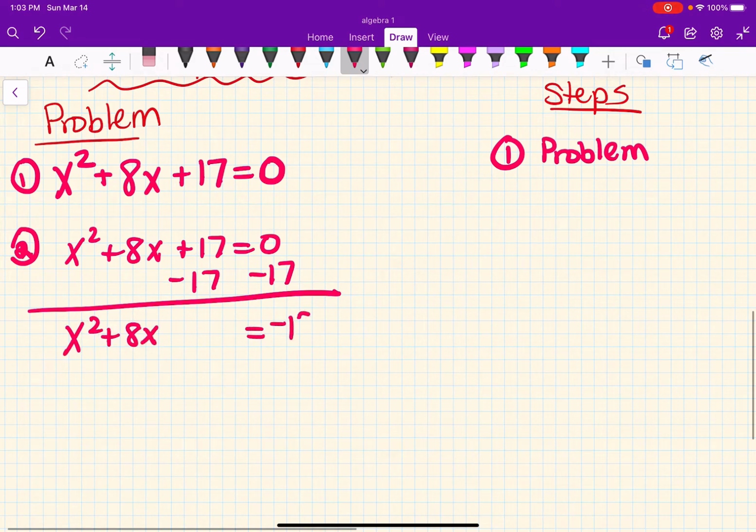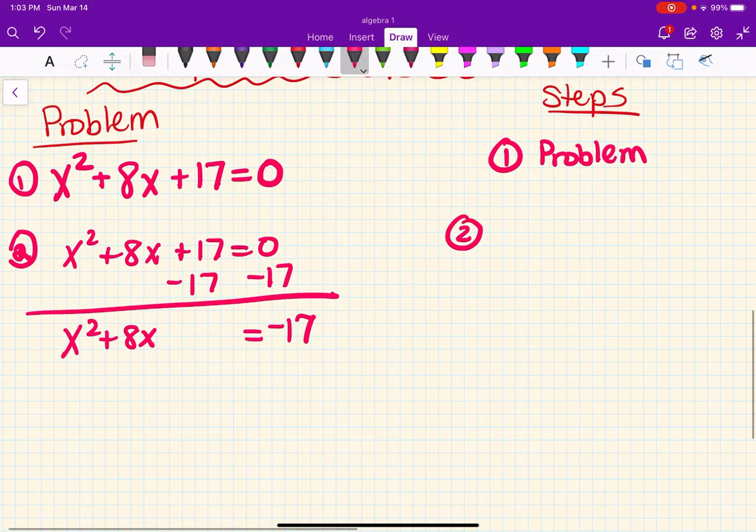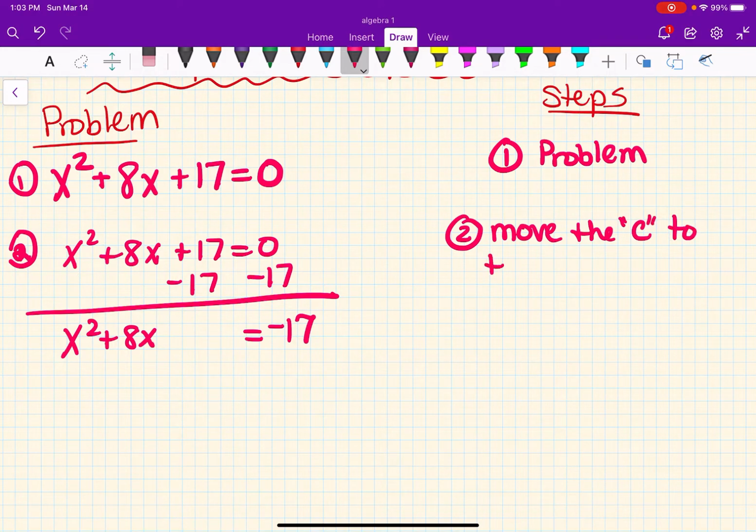Okay? So I put a negative 17 over here. So what I say for this is we're going to move the c to the opposite side. Getting it out of the way, basically. We've got to get the c out of the way because we need a new c. So I'm going to put right here, giving room for the new c.